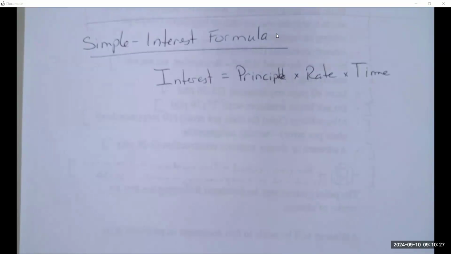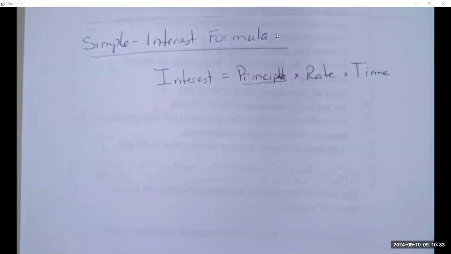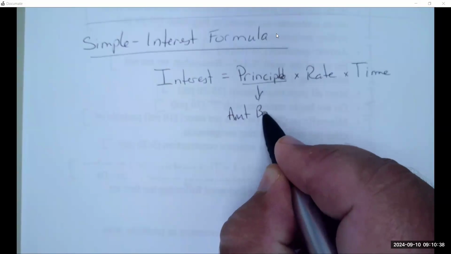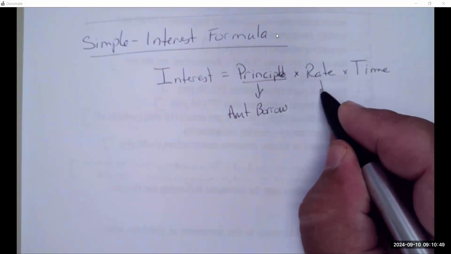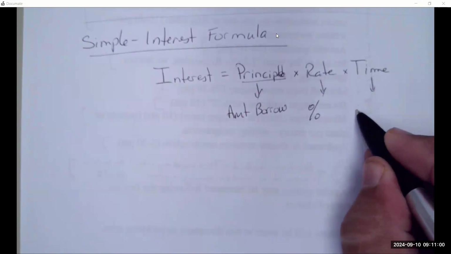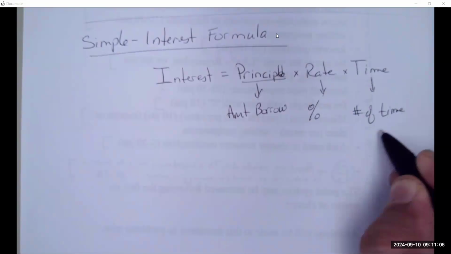I always get those mixed up. So what's that? Principal, okay. P-A-L. The principal is the amount borrowed. That's how much you borrowed initially. Rate is a percent of that amount you borrowed that you will be penalized for, depending on the number of time periods.